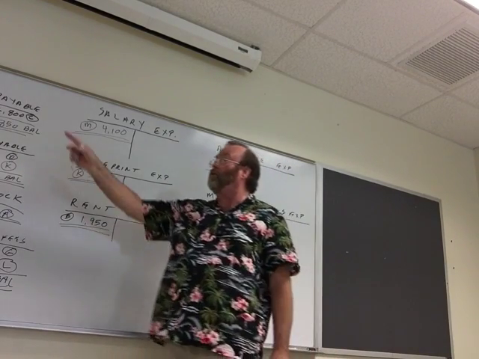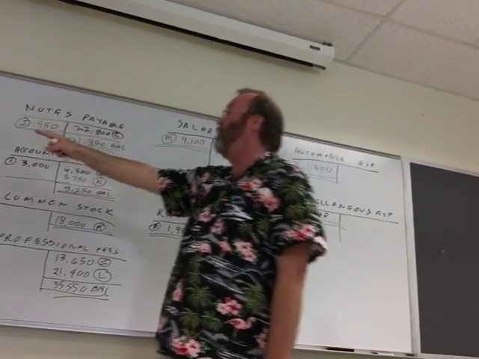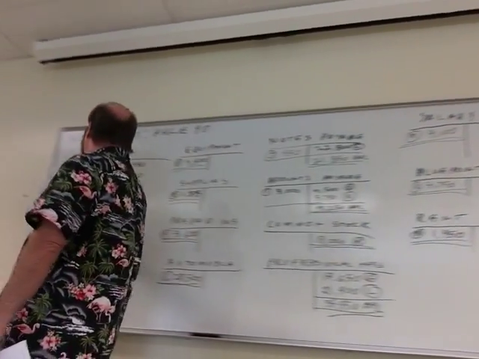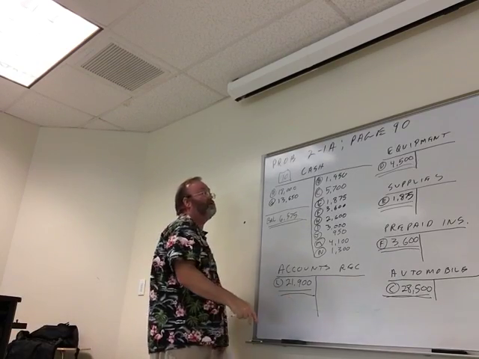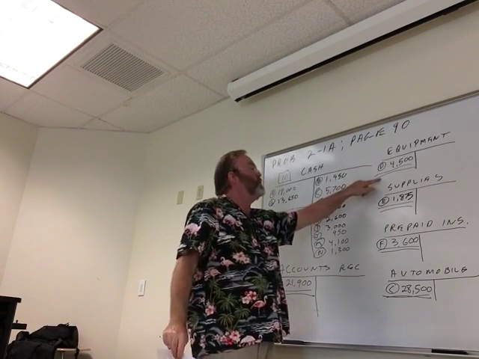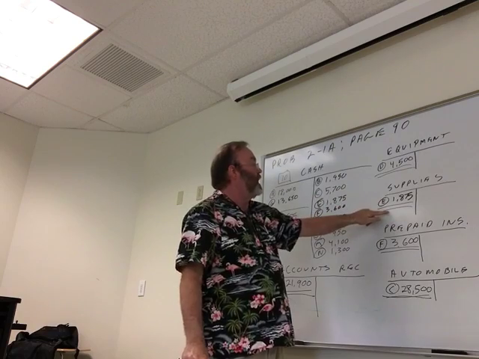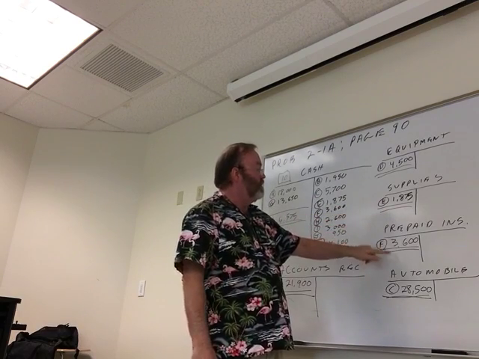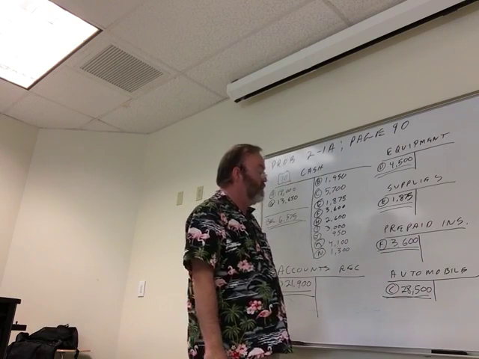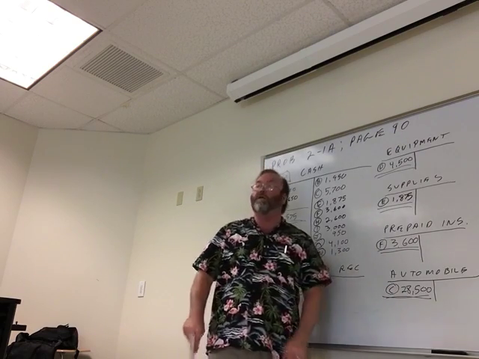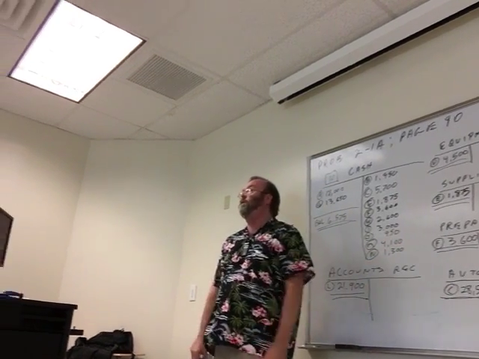Your assets include $6,575 worth of cash, accounts receivable of $21,900, equipment of $4,500, supplies of $1,875, prepaid insurance of $3,600, and an automobile of $28,500. Add all that up, that's your total assets.